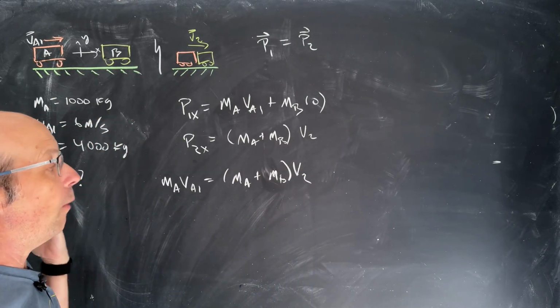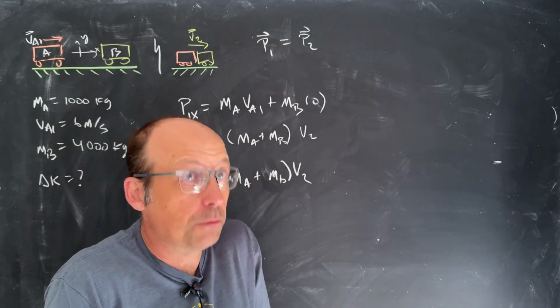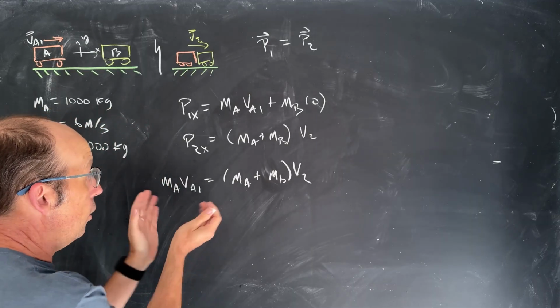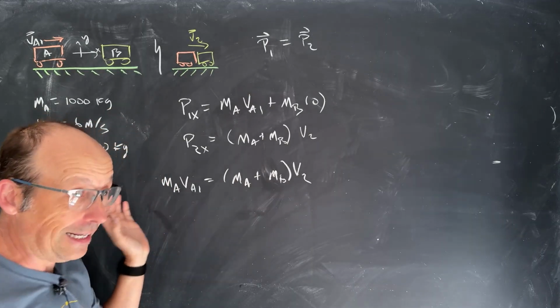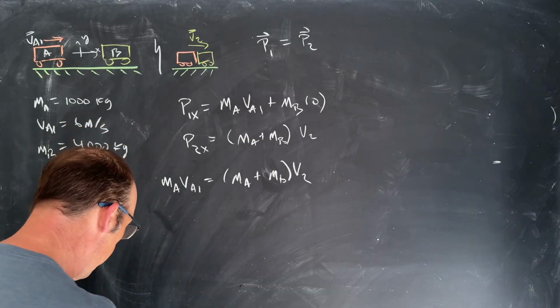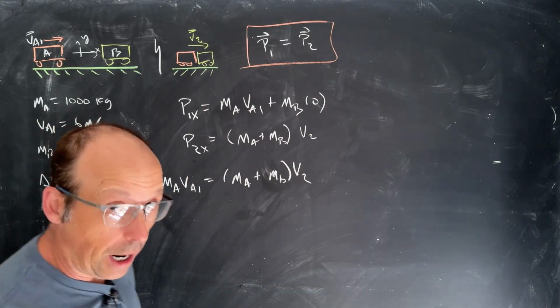Now, I want to be clear that if this is a test problem or a homework problem and you're solving this problem, and you start with something like this, that's the answer for this particular problem. That's not the fundamental thing. What's fundamental that you should start with is this. You should even say why that is true.